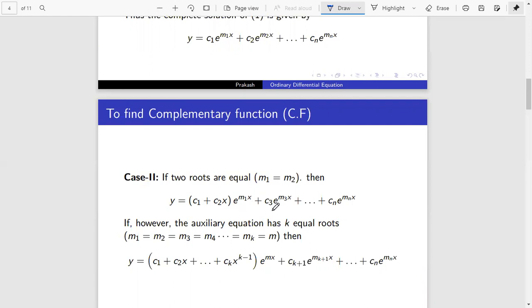In the previous case the roots were different, so we can write it in that way. However, for example, if three roots are equal, how will the solution be? If three roots are equal, you can take m1 equal to m2 equal to m3.